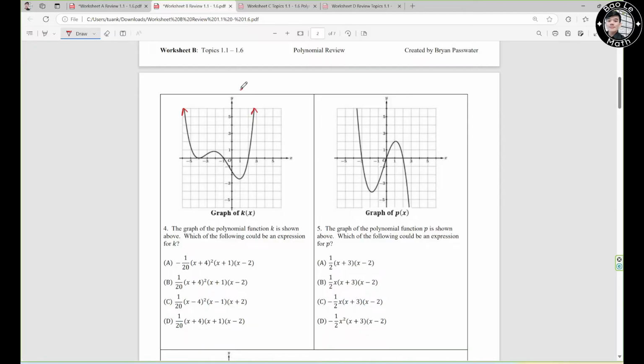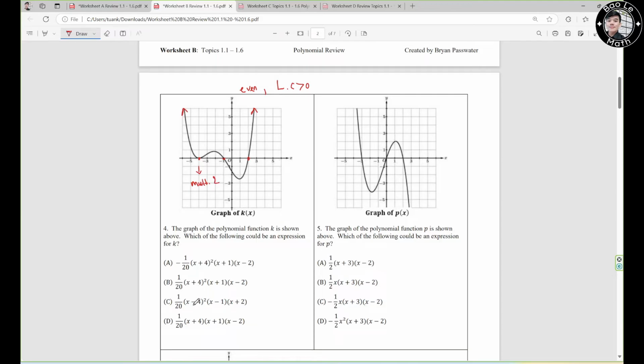Now, they are both pointing up, which means the leading coefficient is positive. And we look at the zeros right here. We have 1, 0, 2, 0, and 3, 0. But at this zero right here, because the function bounces off the x-axis, it has multiplicity of 2.